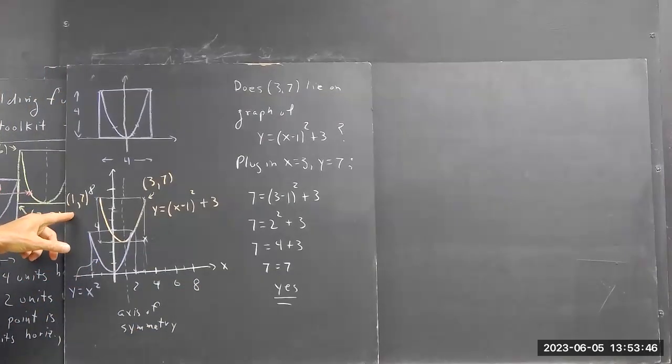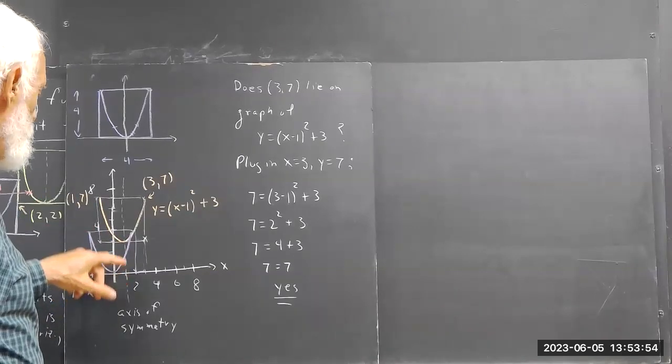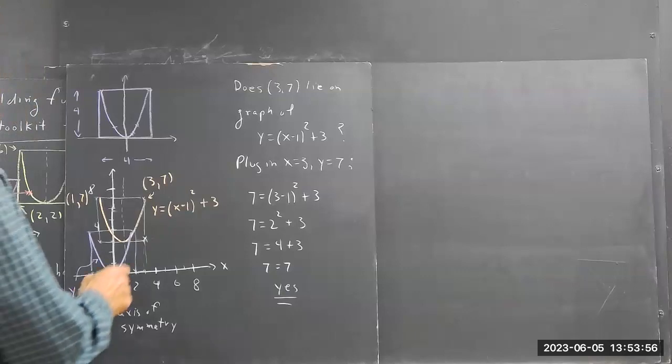Okay, well, go ahead and do it for 1 second, and then do it for this point. What are the coordinates of this point? 1, 3.